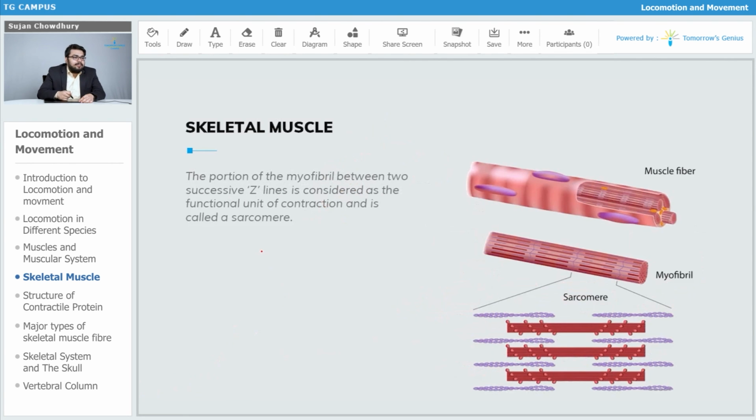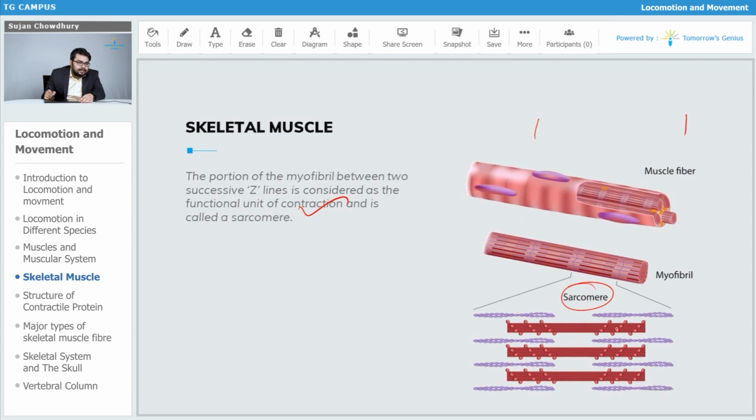The portion of the myofibril between two successive Z lines, two consecutive lines which bisect the thin filaments, is considered the functional unit of contraction and is called a sarcomere. So here we can observe the sarcomere.